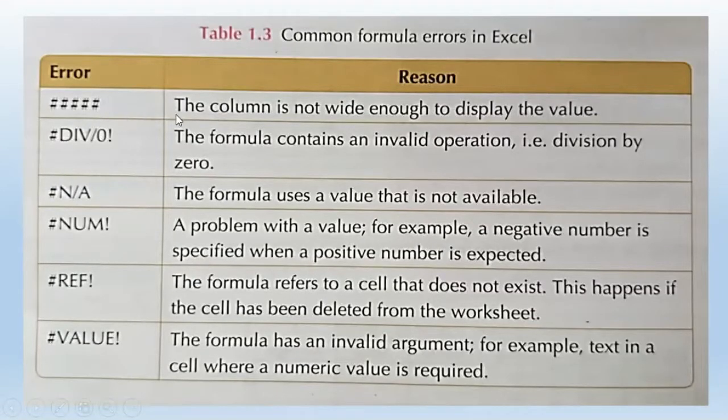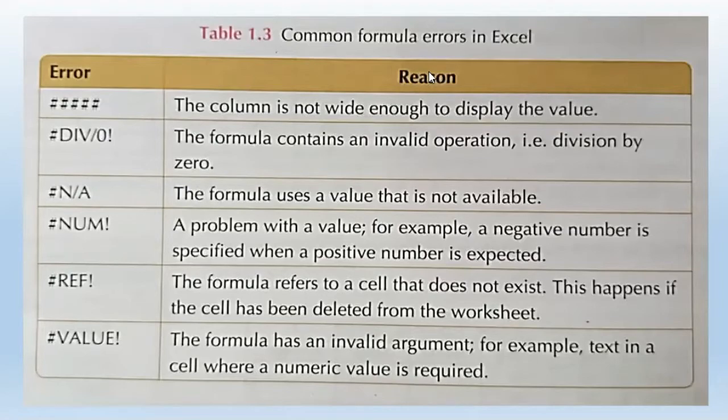It gives you the instruction that this result did not occur in a proper way. The column is not wide enough to display the value, so we will not have the proper value in that column.